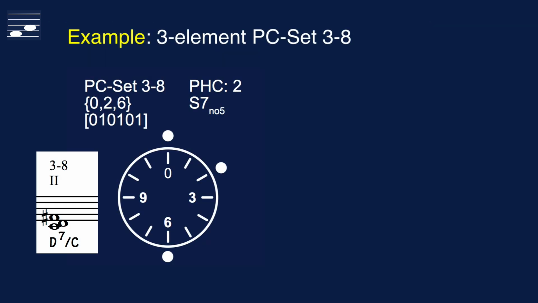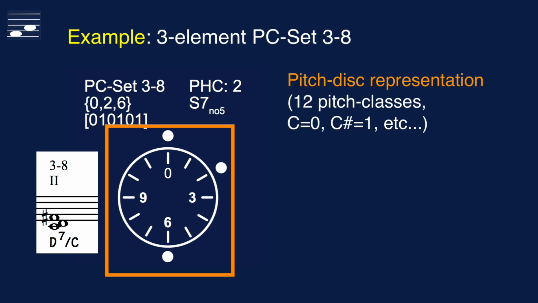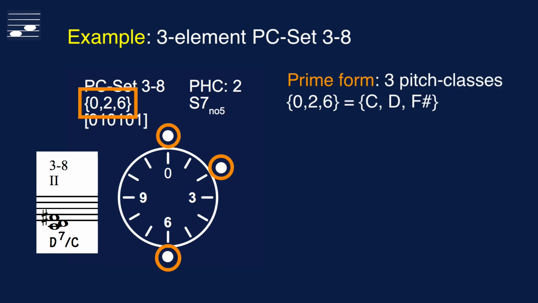I want to illustrate the process with a pitch class set example. Here PC set 3-8, shown in staff notation and in the pitch disk diagram on the left. The prime form of the set contains 3 pitch classes, 0, 2 and 6, or equivalently C, D and F sharp.